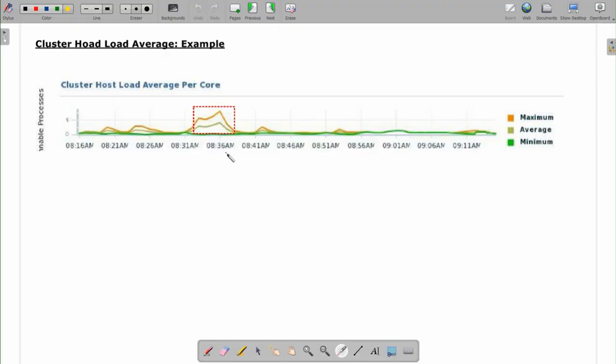So in this particular example, I can see 8:30 to 8:40, and this is a peak time according to this graph itself. And just for a short amount of time, we observed runnable processes per core greater than 4, but it's only for a short amount of time. So to me, this is acceptable.